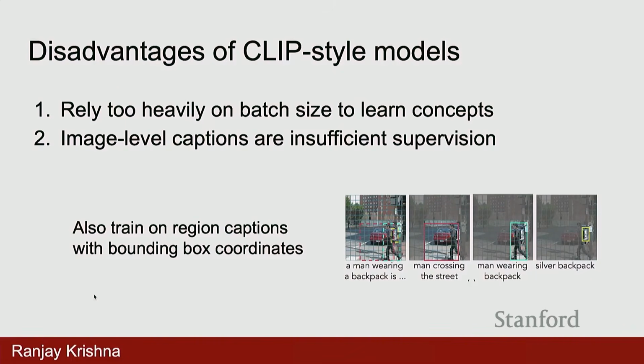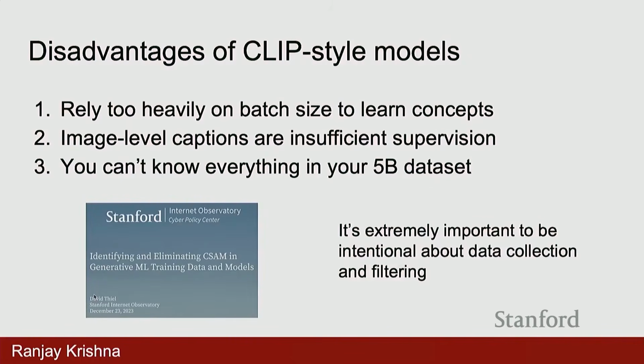Ideally what we want is more than just that, right? We want to be able to identify not just that there's a person crossing the street, but that the person is in this location, the car is here, the street is here. All of that grounding information is completely missing in CLIP. And so ideally you'd want your dataset to contain this kind of information and your model to be able to reason about it.